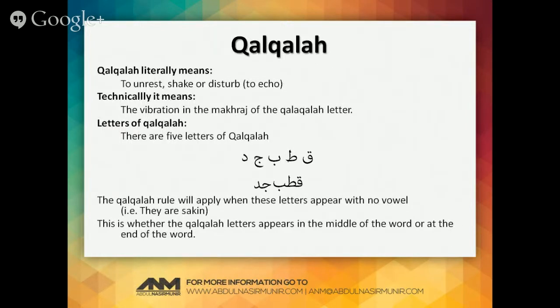Qalqalah literally means to unrest, shake, or disturb. Technically, it means the vibration in the makhraj, meaning the origin of the Qalqalah letter. There are 5 letters of Qalqalah: Qaf, Ta, Ba, Jim, and Dal.